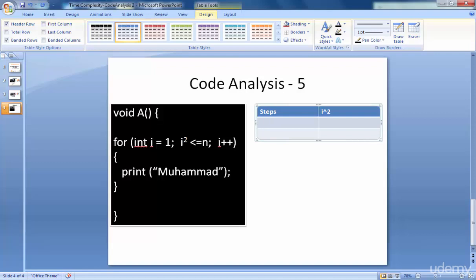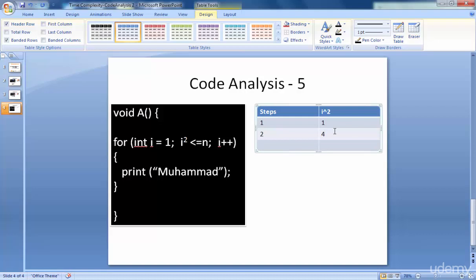So in step 1, what we have, 1 multiplied by 1, it's 1. And step 2, the value of I is 2, because we're incrementing it here. 2 multiplied by 2, it's 4.